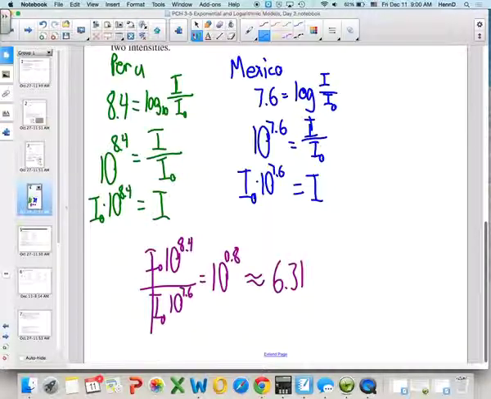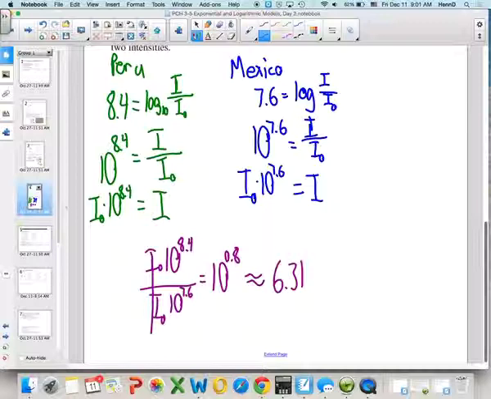Oh, I misspoke. It's not every tenth. Every unit on the Richter scale is 10 times more intense. Like 1, 2, 3, 4, not 0.1. Yeah, sorry. Yeah, every unit, not every tenth of a unit, is 10 times more intense. So a 4 would be 10 times more intense than a 3.